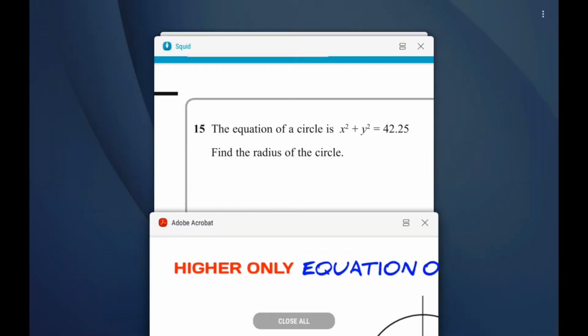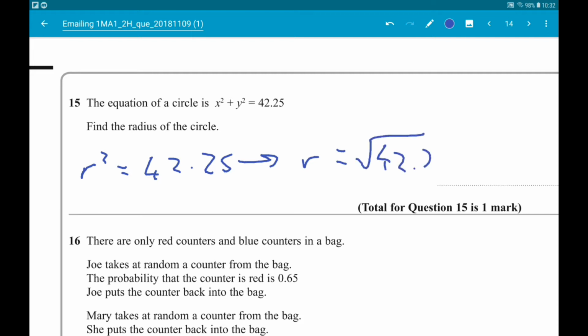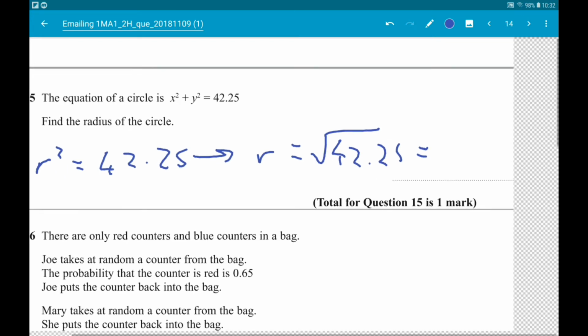So, here, r squared is 42.25. So r is the square root of 42.25, which is 6.5.